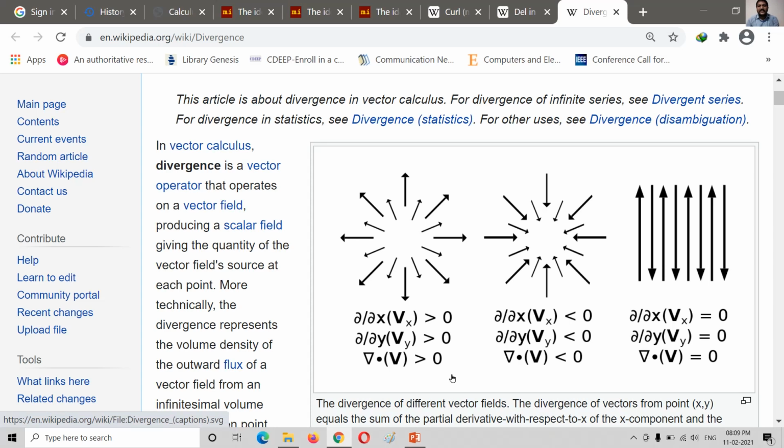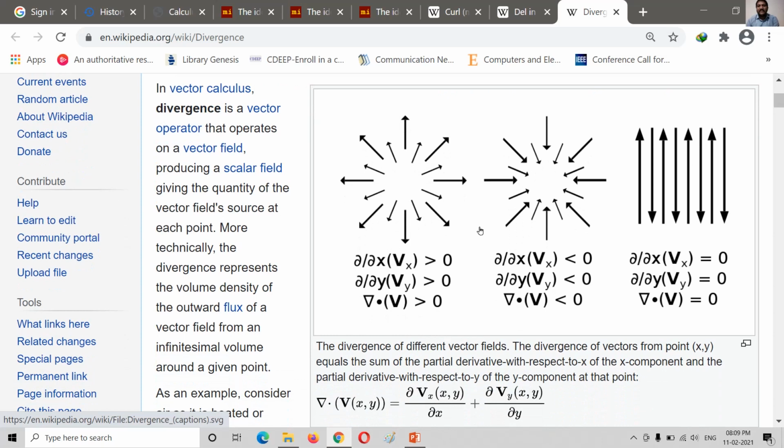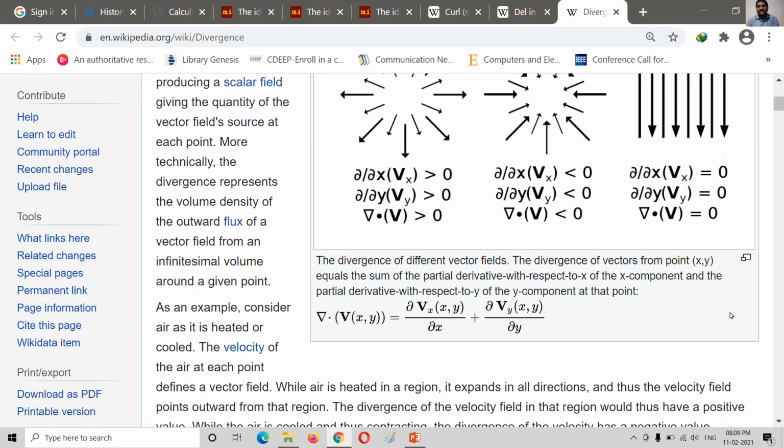Here it is mentioned that when del bar dot v bar is greater than 0, it is divergence, and when del bar dot v bar is less than 0, it is convergence. And when del bar dot v bar equals 0, that is known as a conservative field.